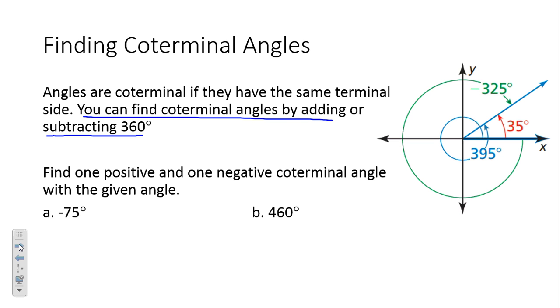So if we want to find a positive coterminal angle and a negative coterminal angle with negative 75 degrees, good old calculator. 360 plus negative 75 is how much? 285?